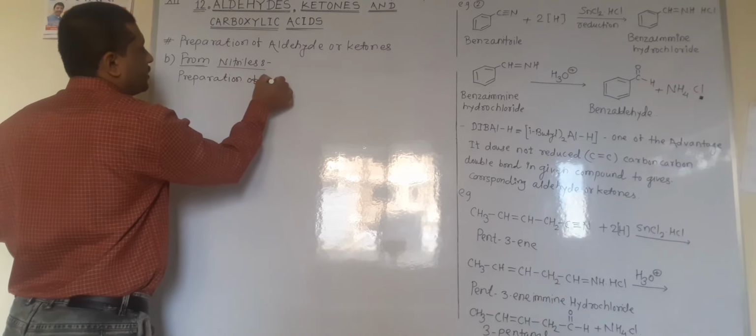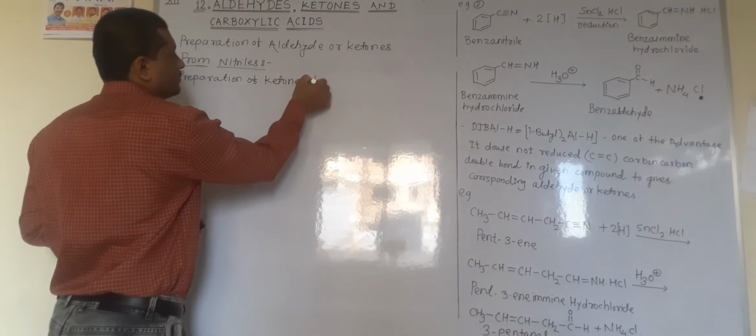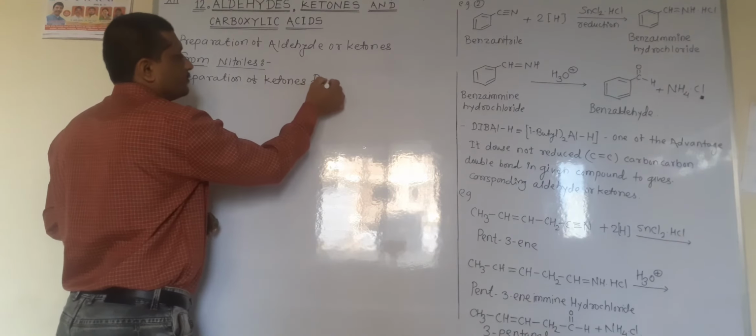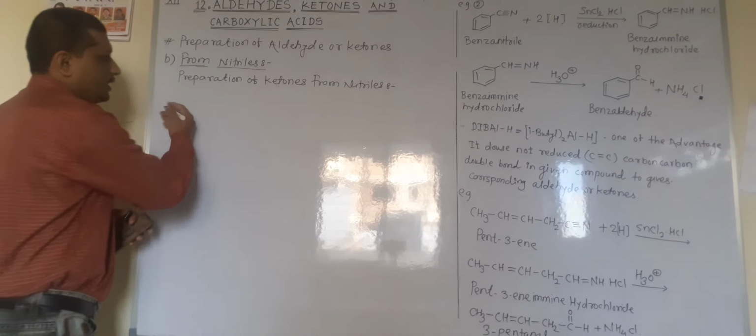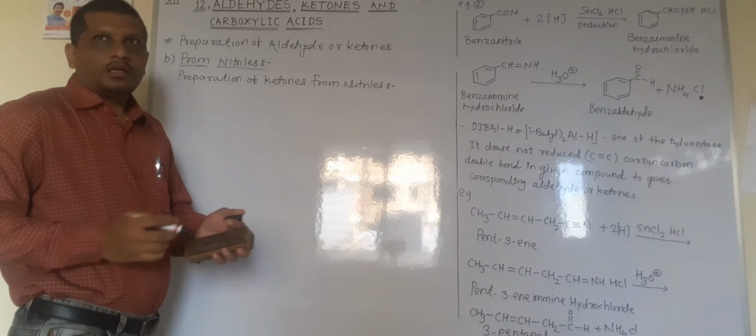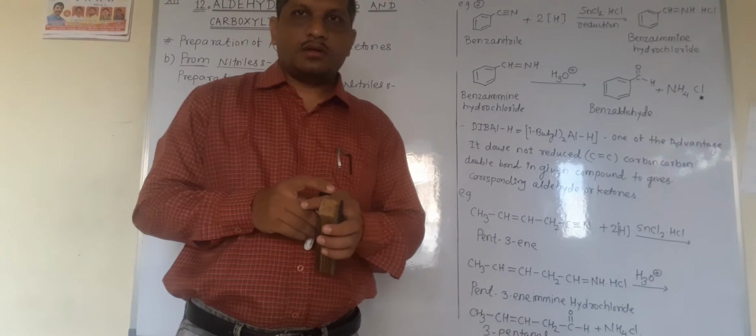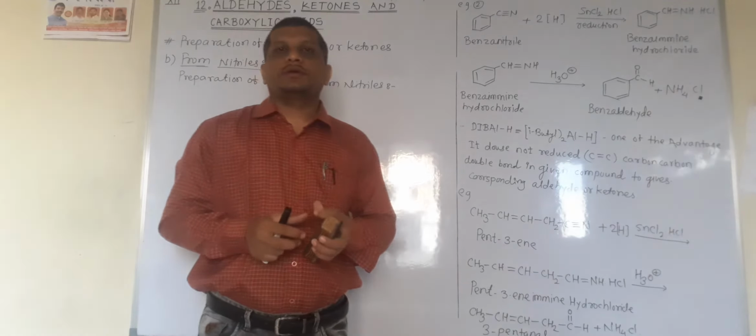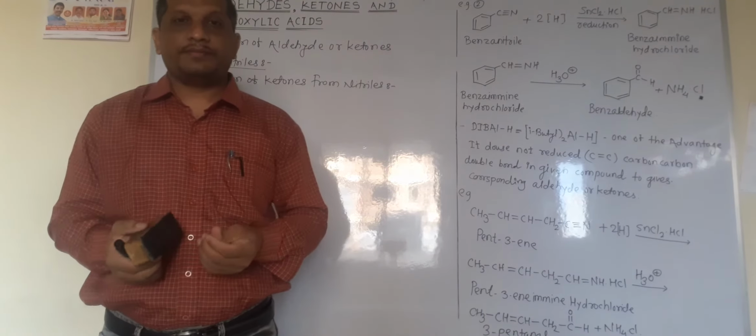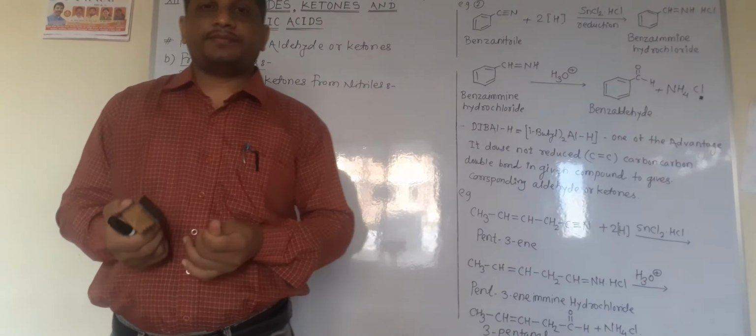Here the alkyl nitrile reacts with a Grignard reagent in the presence of dry ether as a solvent to give the corresponding aldehyde or ketones.